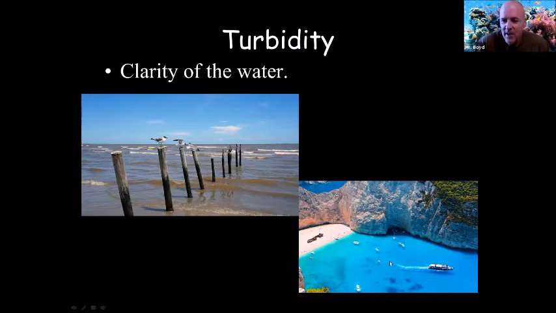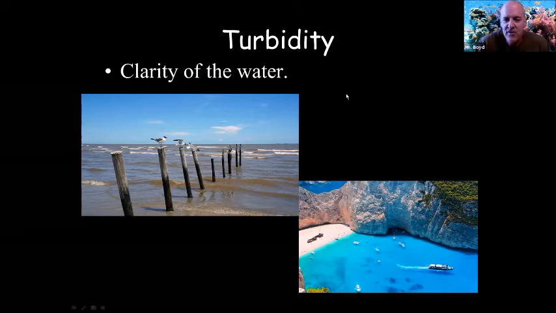Then on the other hand, in the Caribbean and places like that, the water's crystal clear and you can see 30 feet, maybe even 40, 50 feet through the water. So that's turbidity. And the way you measure that is you take a sample of the water, you shine a light beam through it, and a device measures how much light is absorbed.